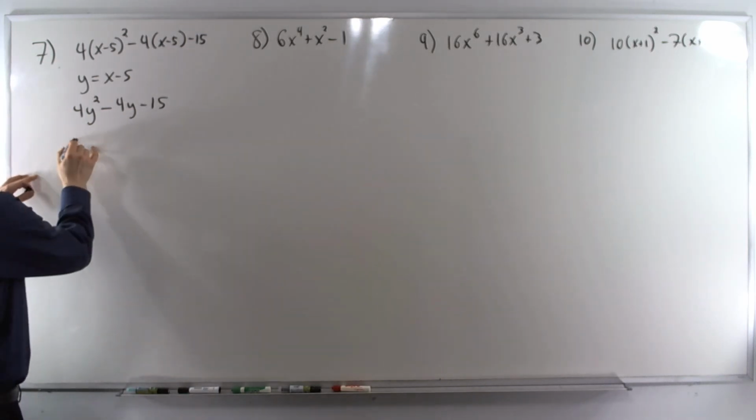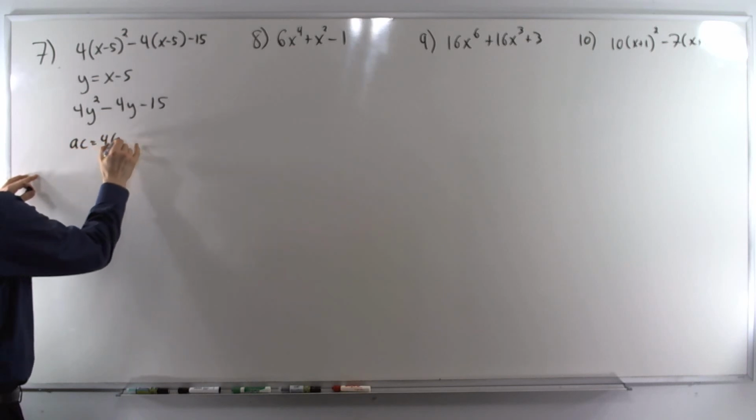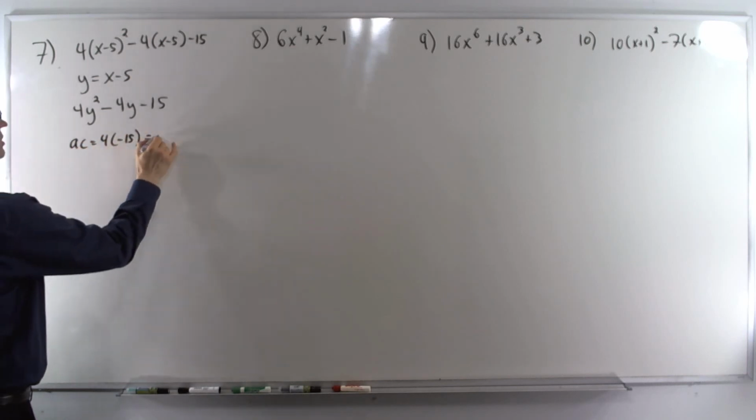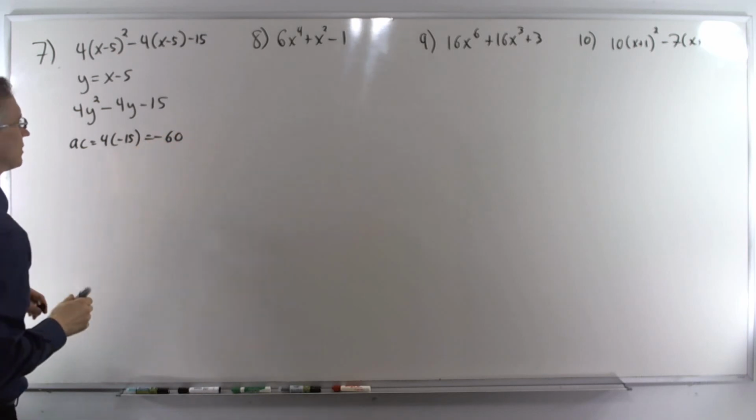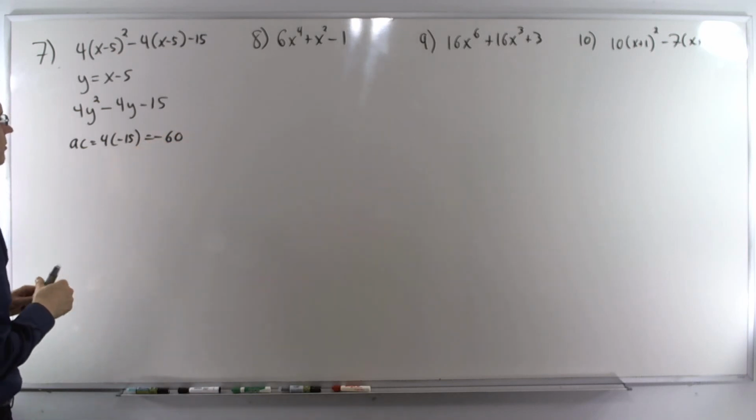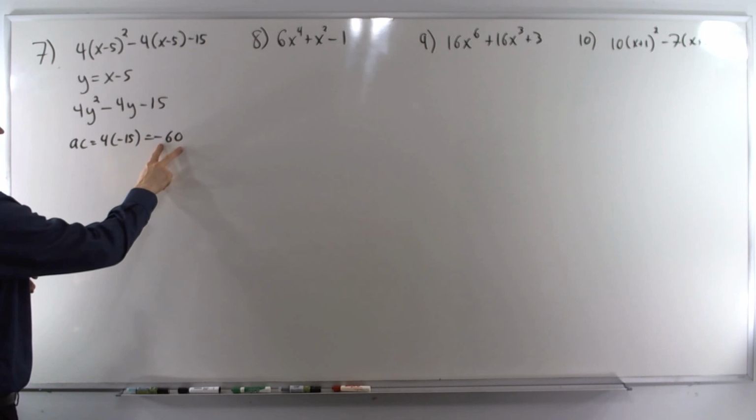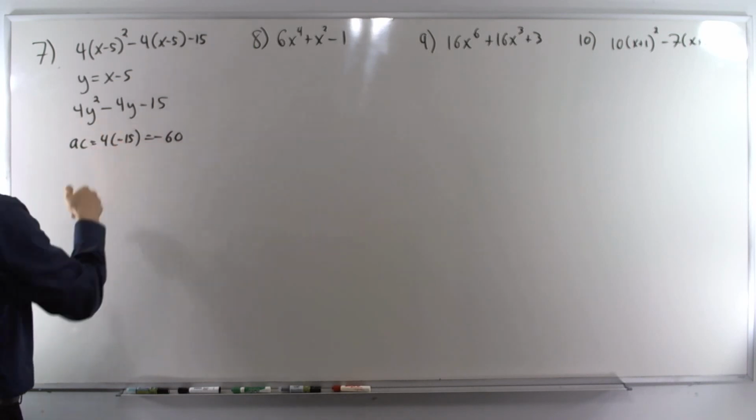So now we use the AC method. AC equals 4 times negative 15, which is negative 60. All right, now we need two numbers that multiply to get negative 60 and add to get negative 4.